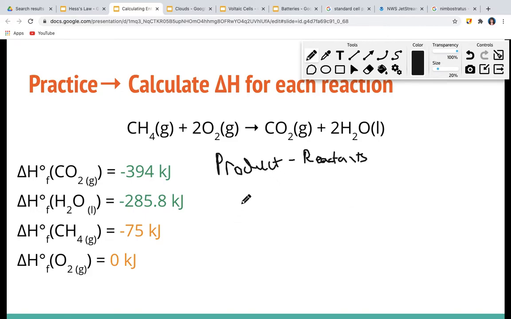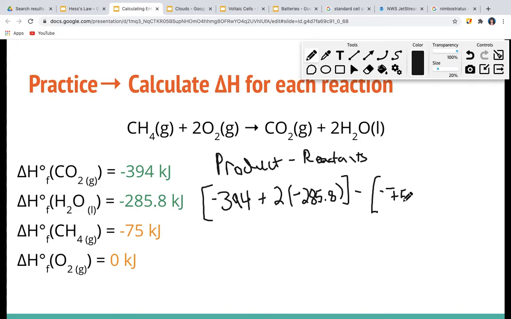So our products, CO2 and H2O. Okay, I have negative 394 plus 2 of these negative 285.8. Okay, and I'm going to subtract from that negative 75 and then 2 times 0, which is 0.